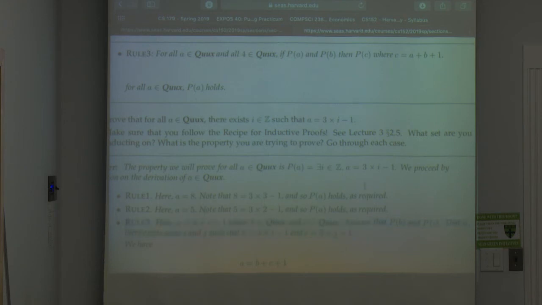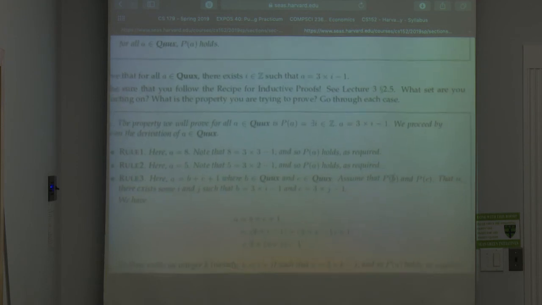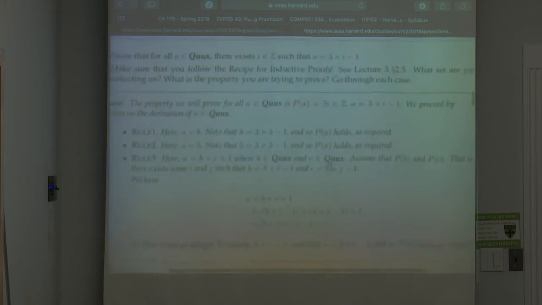So here we apply our inductive hypothesis. Assume that the property holds for B and the property holds for C, which is just that B is equal to 3 times I minus 1 and C is equal to 3 times J minus 1. And here we do our inductive step.